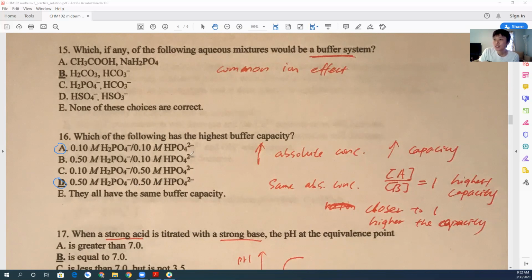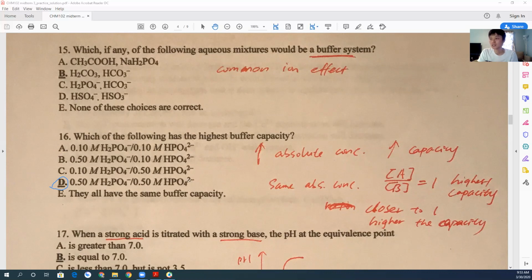And when the absolute concentrations are similar, we also look at the relative concentration ratio of the acid and base. The closer this ratio is to 1, the higher the capacity. So in this case, D will be the best choice because it has the highest absolute concentration, and also the relative concentration is equal to 1.